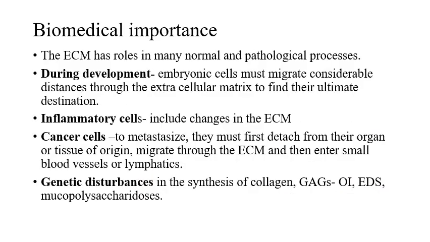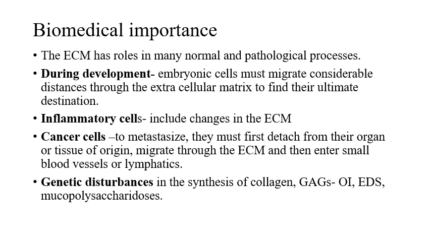What is the significance of this extracellular matrix, or why do we need to know about the different types of extracellular matrix? These extracellular matrices have different roles and are involved in both normal physiological and pathological processes in the body. During development, the embryonic cells have to travel distances through these extracellular matrices to find their ultimate destinations.